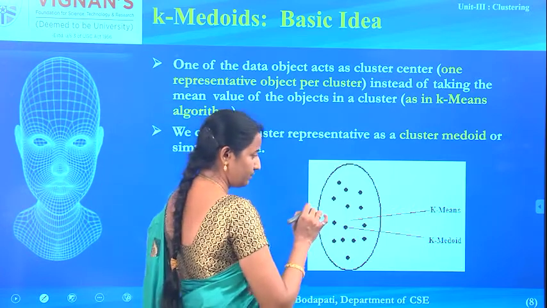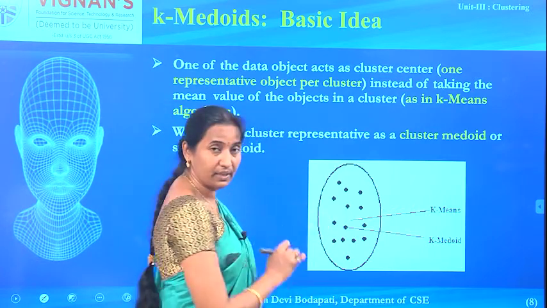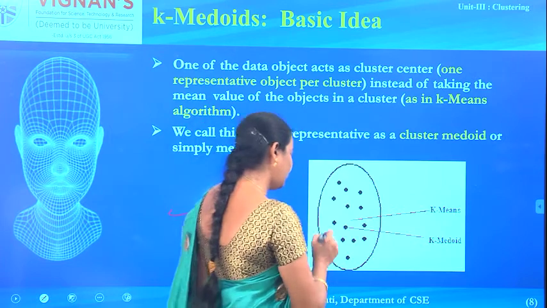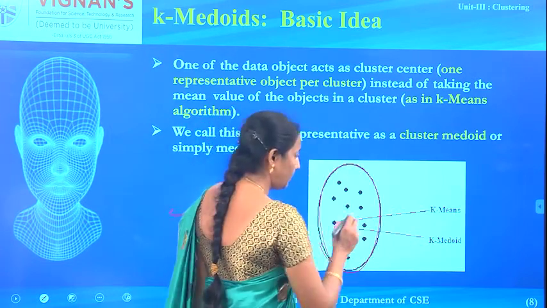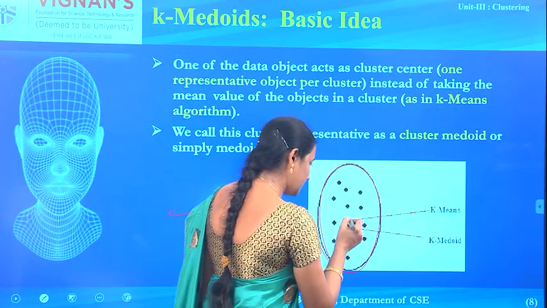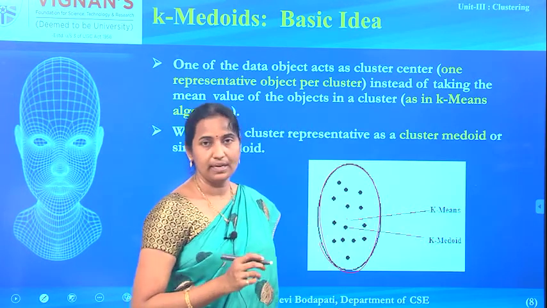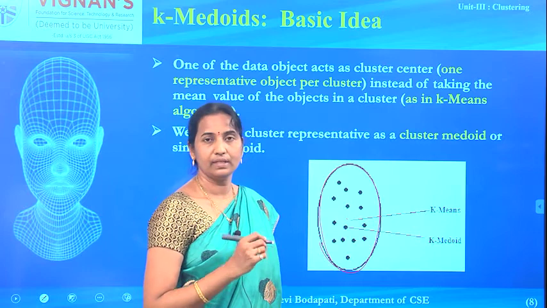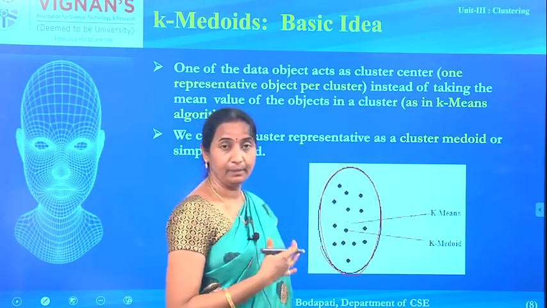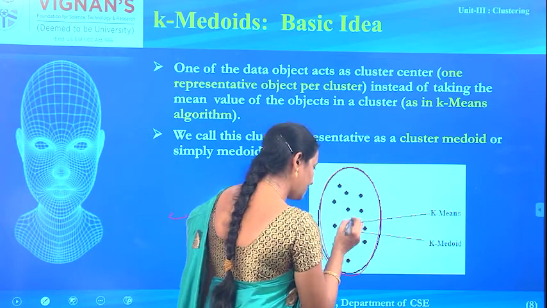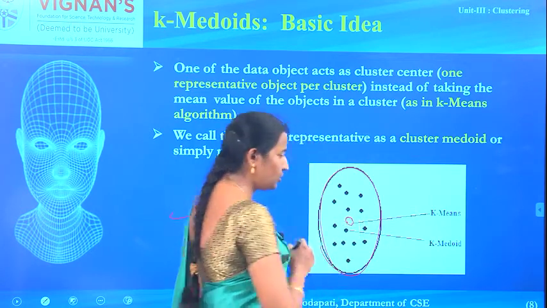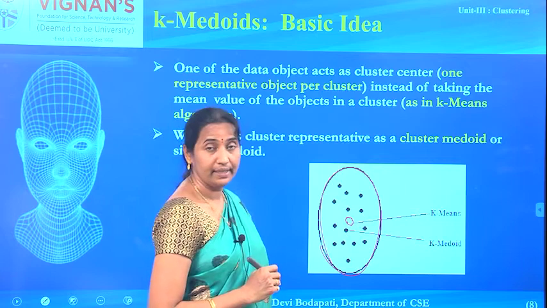In case of the K-means clustering algorithm, given the input data, if this is the cluster, then any cluster has a representative point, the cluster center. In case of the K-means algorithm, this cluster representative is not one of the given data samples.